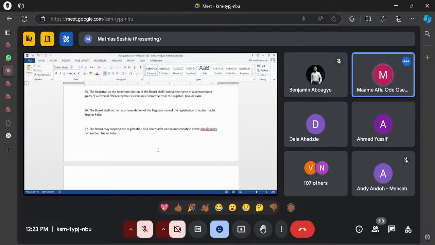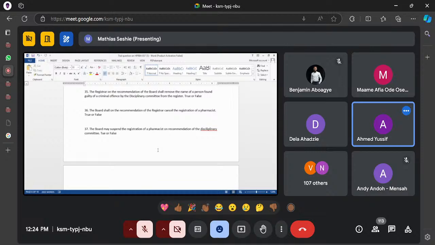Cancellation: the board shall cancel the registration of a pharmacist or pharmaceutical support staff on the recommendation of the disciplinary committee where the practitioner is convicted of an offense under this part of the regulations, has lost the qualification on the basis of which the registration was made, or is sentenced to a term of imprisonment for a criminal offense, or fails to comply with the penalty imposed by the council after due process. Registration shall not be cancelled unless the board has given the practitioner at least 30 days.